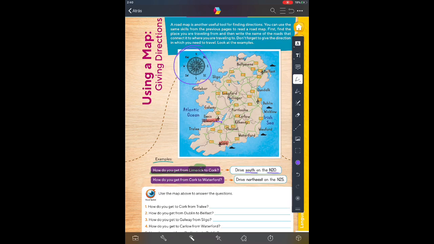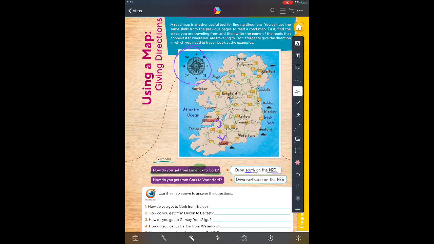So it's going like this. Okay, so we're going down, or we're going south because we're going down to N20, and the N20 is going to take us right to Cork. Okay, can you see? We went down, or we went south on the N20.